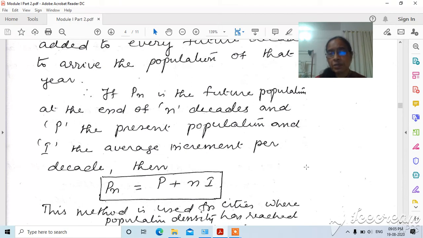That means a 10% population increase has occurred. 10% of 100 is 10, so it is 110. That is the simple method.